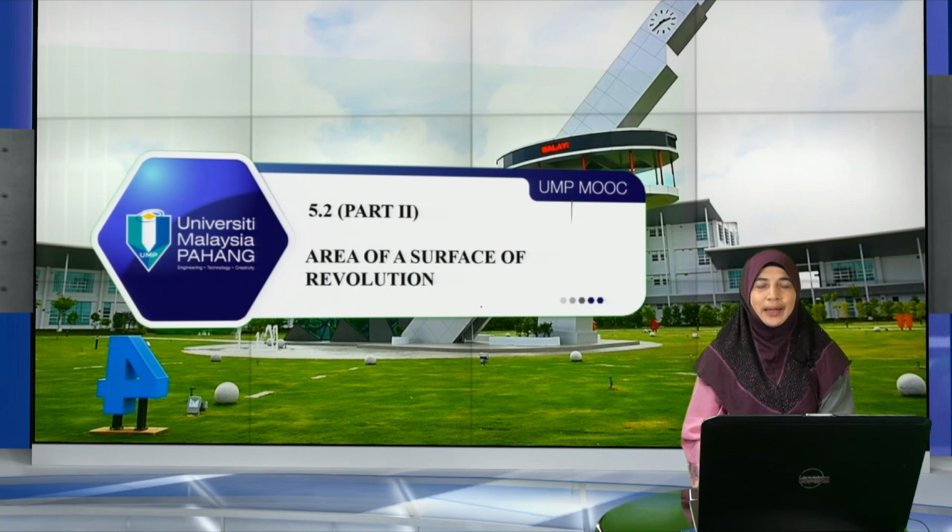Okay, welcome back to applied calculus. Remember last time we talked about applications of integration 5.1. We talked about finding area, and then in 5.2 part 1 we talked about finding the arc length using integration.